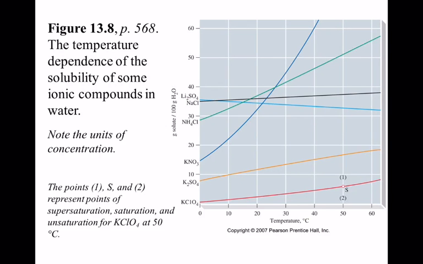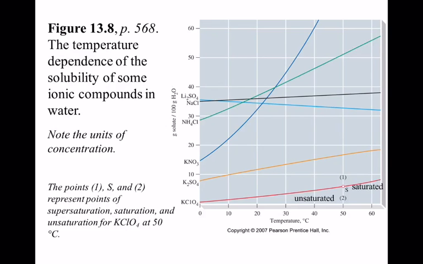Picking on potassium perchlorate, at 50 degrees Celsius, notice we've got 1, S, and 2. The 2 represents, if you are anywhere in this region under S, an unsaturated solution of potassium perchlorate. If you are right at S, you're right at saturation.